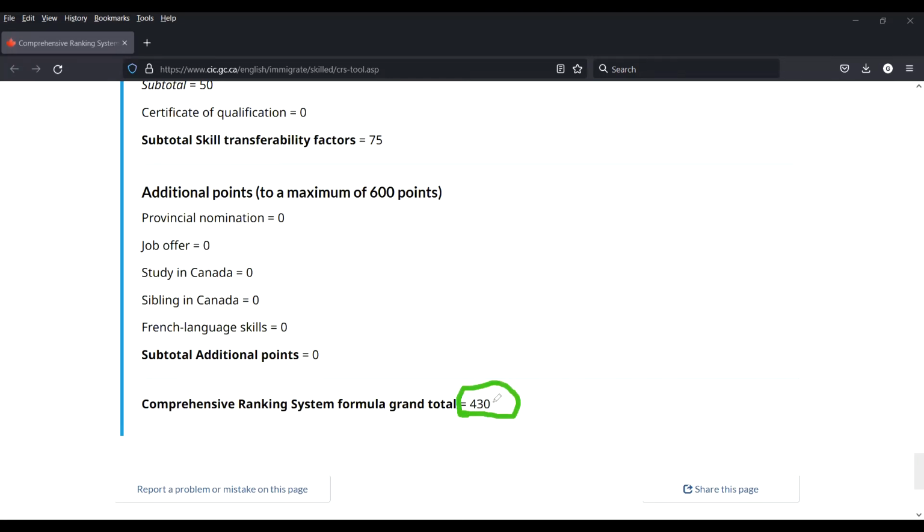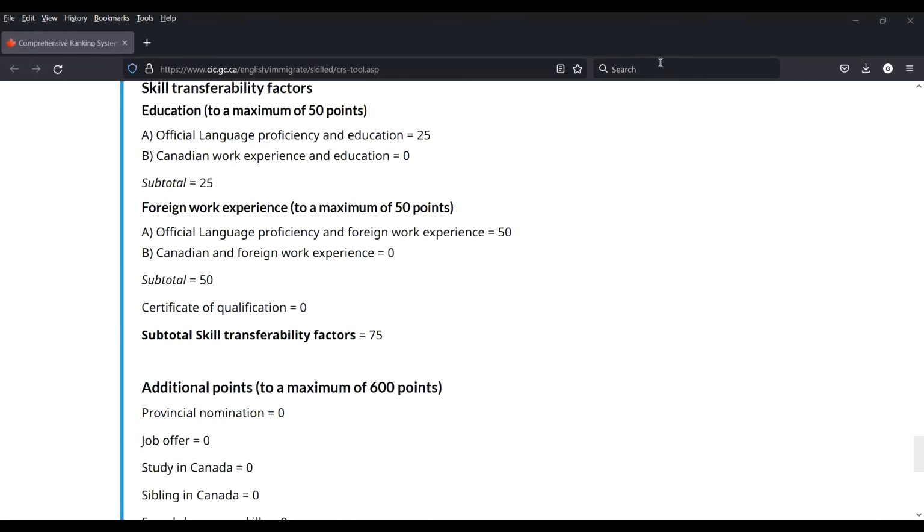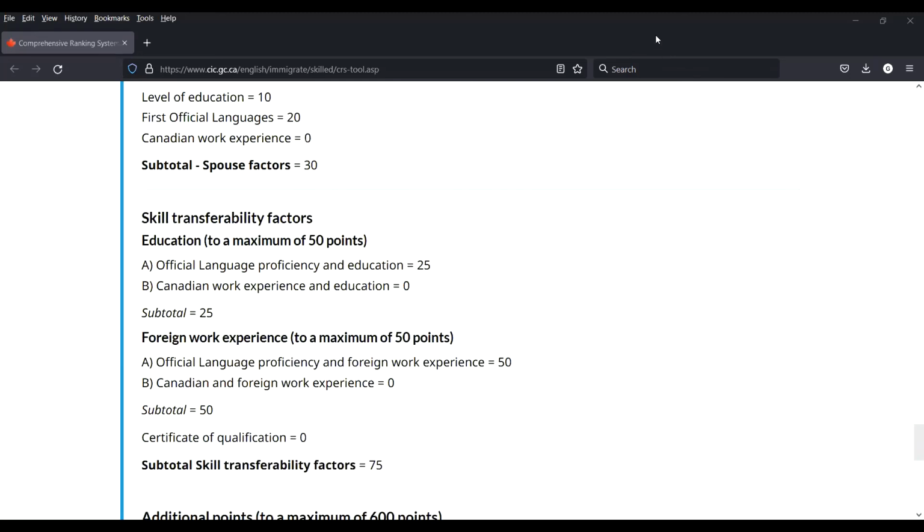So what does this mean? Based on the last draw that was done on July 20th, which was 542, this means this candidate needs to work on his or her comprehensive score to come over to Canada.